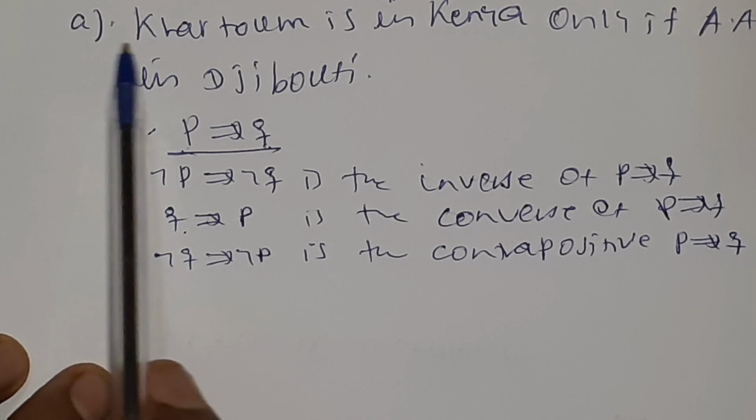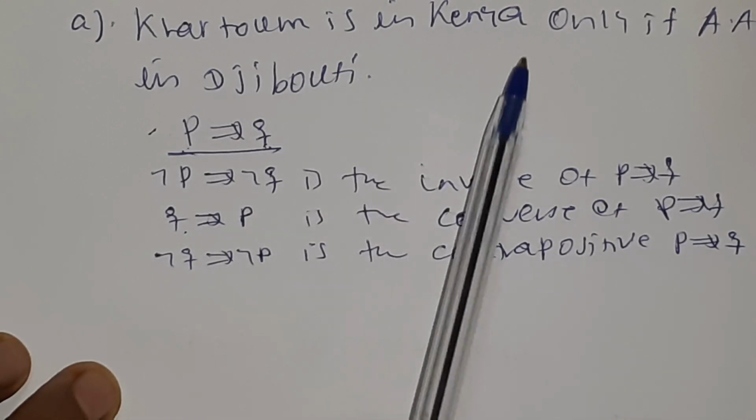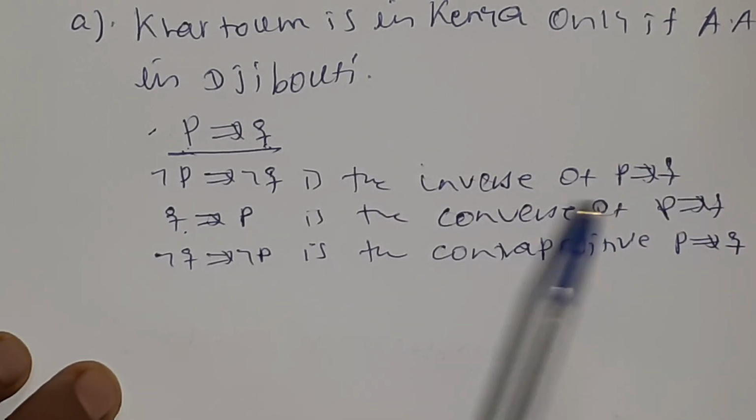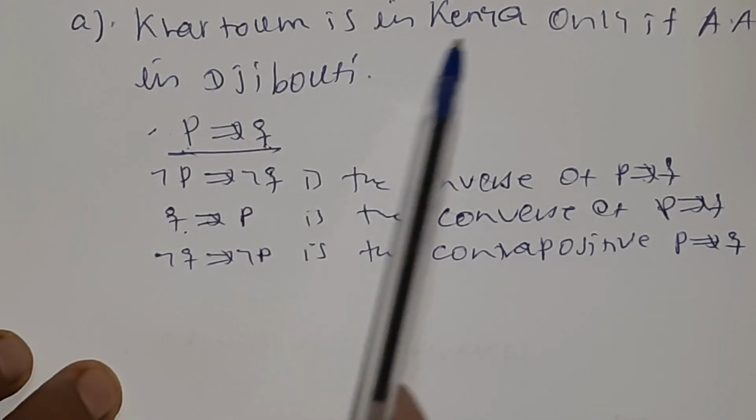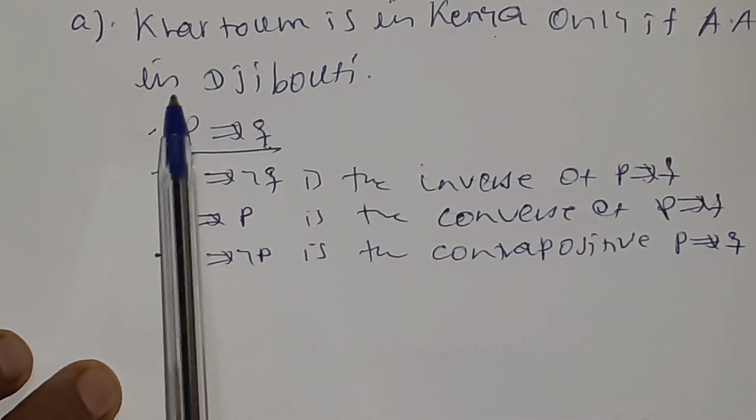The given statement, Khartoum is in Kenya only if Addis Ababa is in Djibouti, is equivalent to: if Khartoum is in Kenya, then Addis Ababa is in Djibouti.